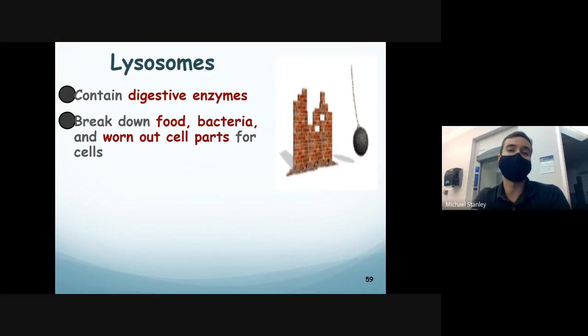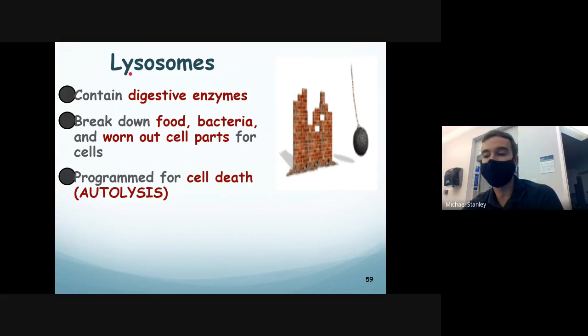So the lysis in hydrolysis is similar to the lyso in lysosomes. It has to do with breaking down or separating large particles. So the lysosomes go around the cell and basically help clean up extra food, any bacteria that have invaded the cell and need to be gotten rid of, any old enzymes that aren't really working anymore, or old organelles that need to be reduced and recycled. That's what the lysosome is there for.